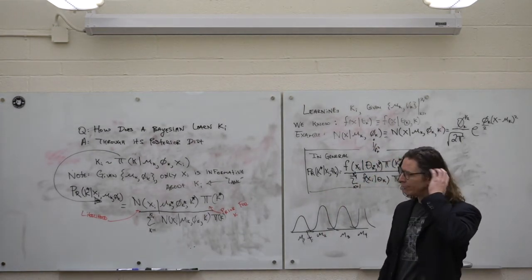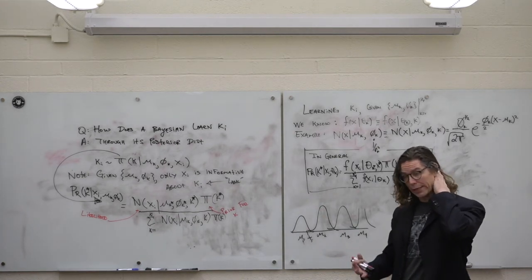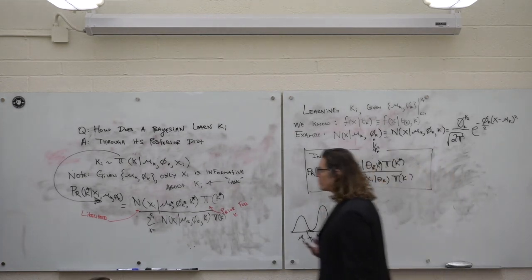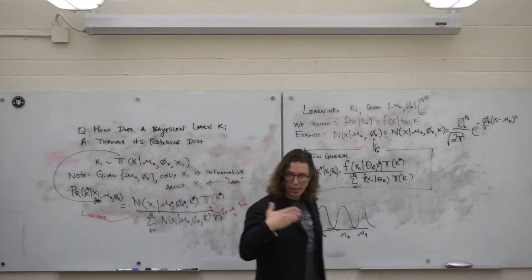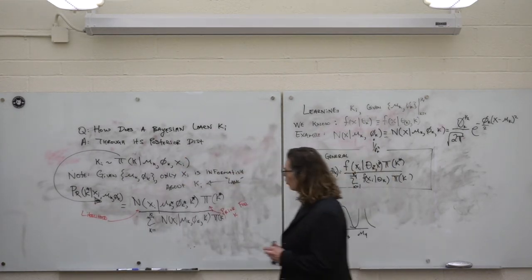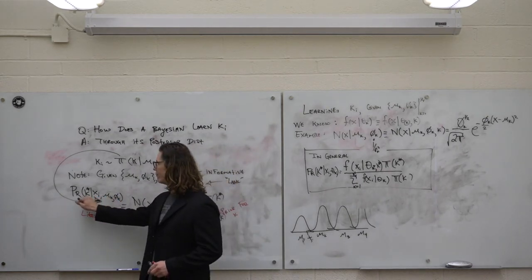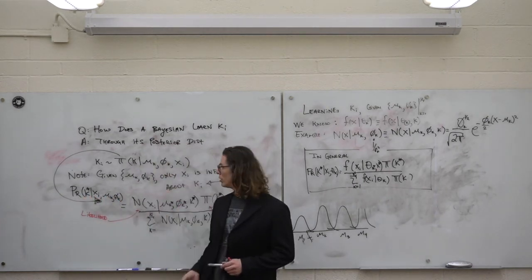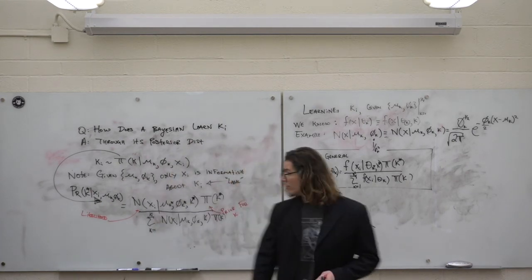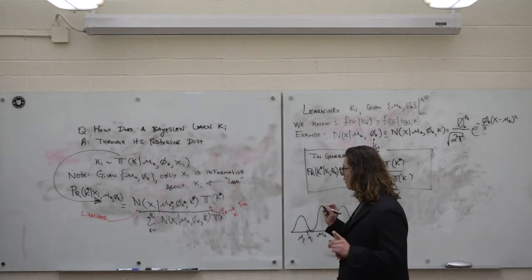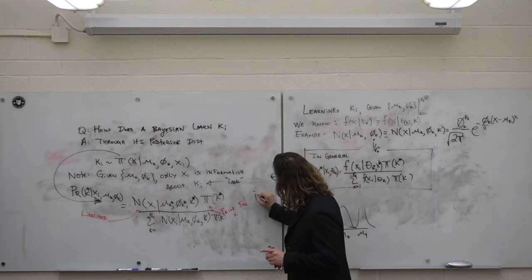So let me just say what I've said already. I'm going to recap. If I knew what the mu's and the phis were, then I could compute the probability of each data point coming from a particular mode, and I can compute what that probability is over all of the different components. And so I would do this for each one of my i's.